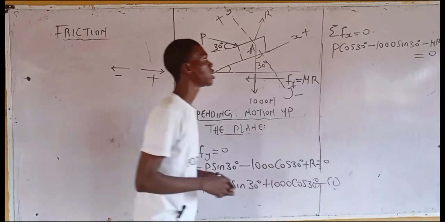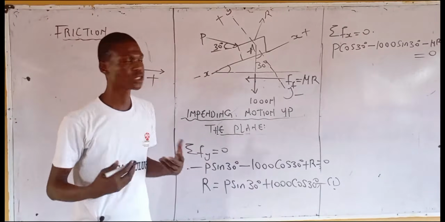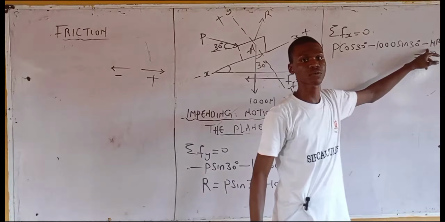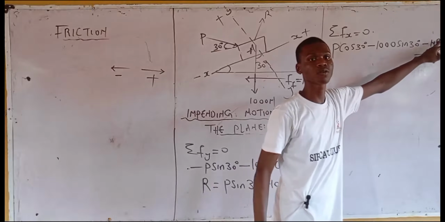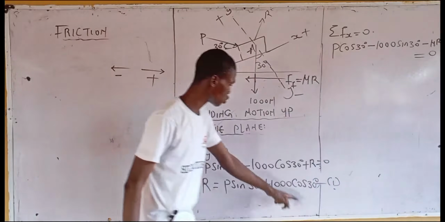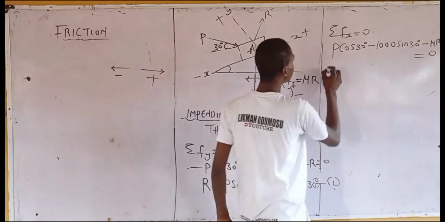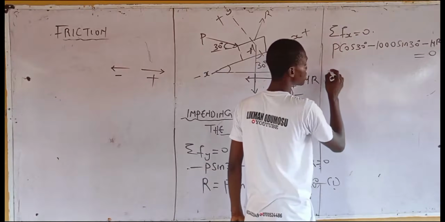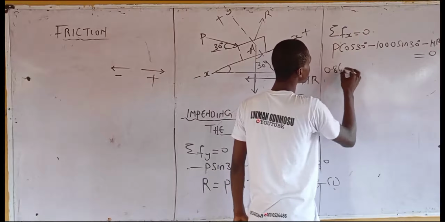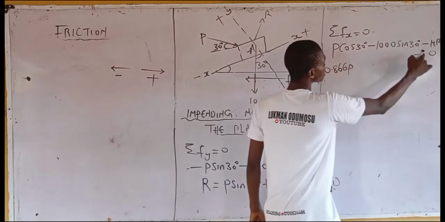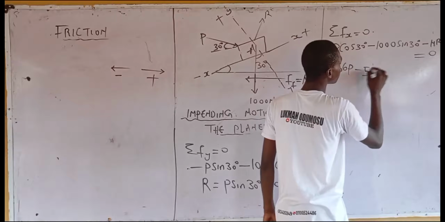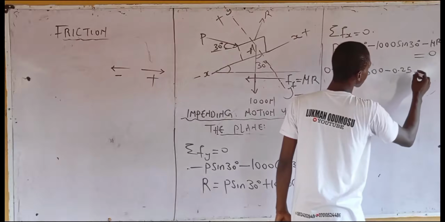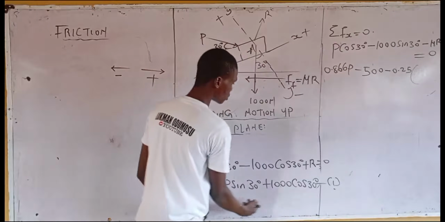Now from here, you can substitute the value of mu, which is the coefficient of friction, and you can substitute the value of the expression for R from equation 1. Then it becomes P cos 30, 0.866, right? So 0.866 P, negative 500, minus 0.25, all into bracket the expression from equation 1.